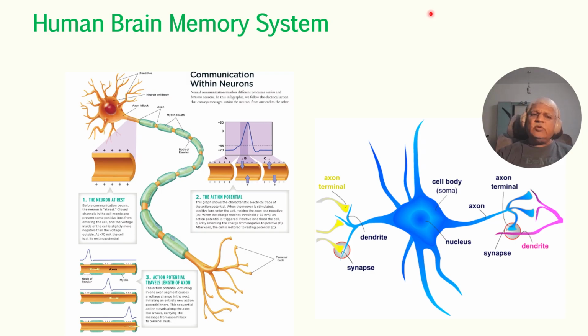One more fact I want to share with you: short-term memory lasts for just 20 to 30 seconds. For example, when we are reading out the OTP and entering it in one location, once we do that, the OTP number will fade.